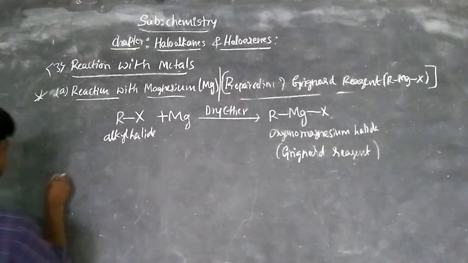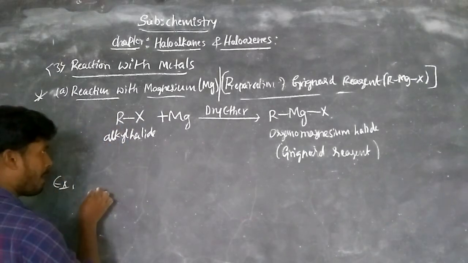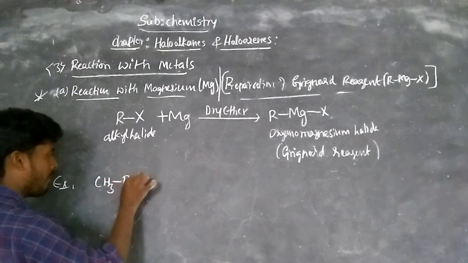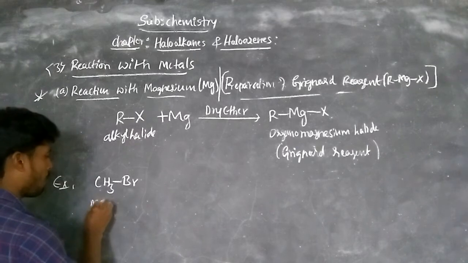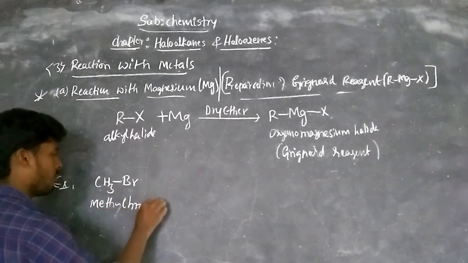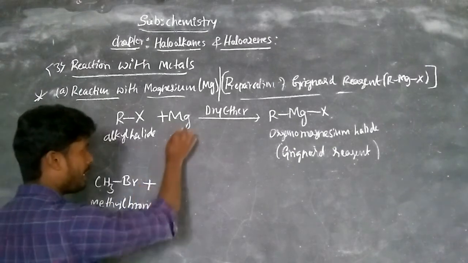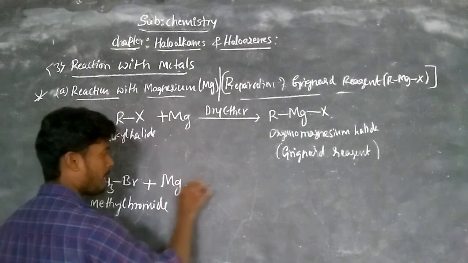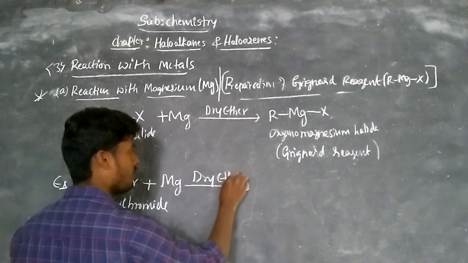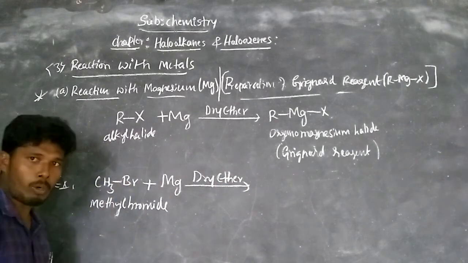Now observe the example. Take methyl bromide, CH3-Br. This methyl bromide is treated with metal magnesium in presence of dry ether. The magnesium is added between the methyl and bromine group.